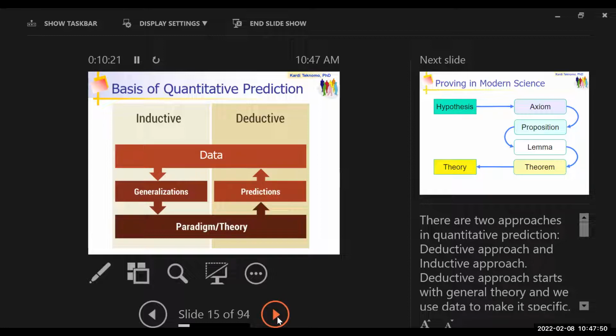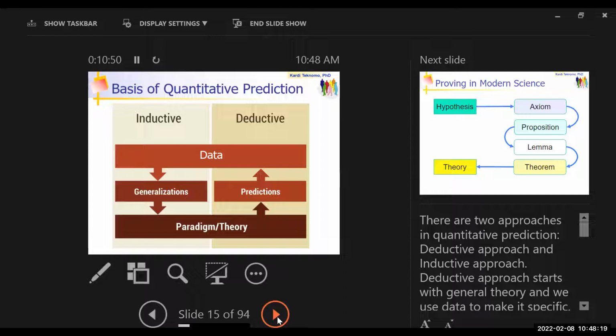In OR, we are dealing with the deductive approach mostly. In machine learning and statistics, we are dealing with the inductive approach. In the inductive approach, you start from data, you analyze the data, and then you generalize to create some kind of new paradigm, new insight, and theory.